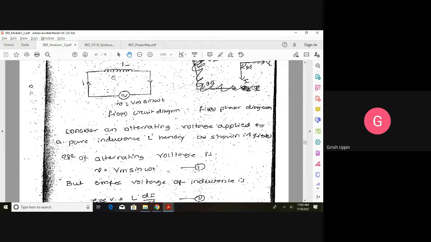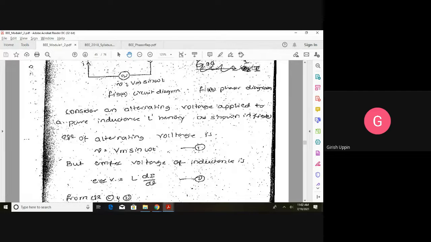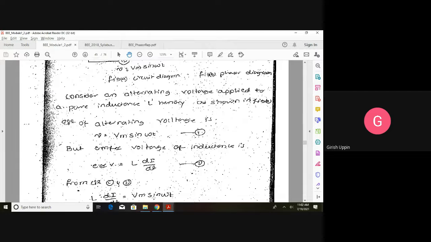When it is opposing, it produces the counter voltage, which is given by v is equal to L di by dt, with lowercase i. So the applied voltage V is equal to the EMF induced in the inductance.